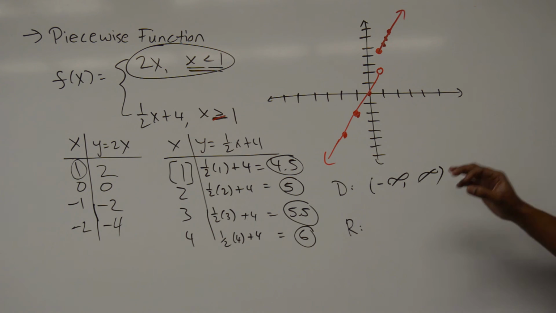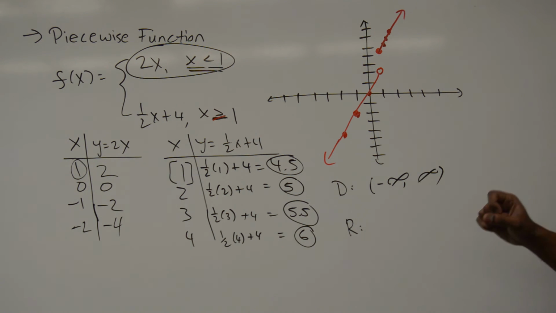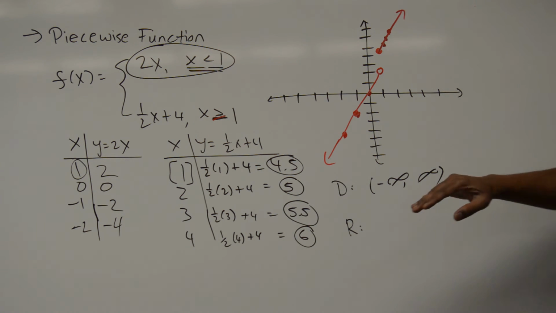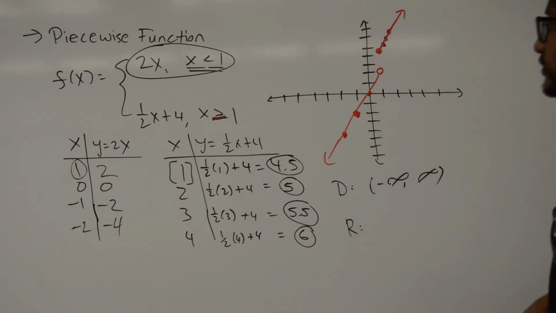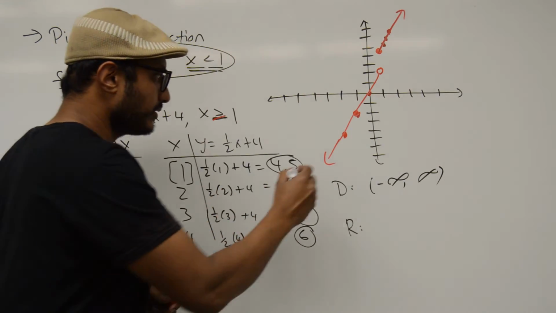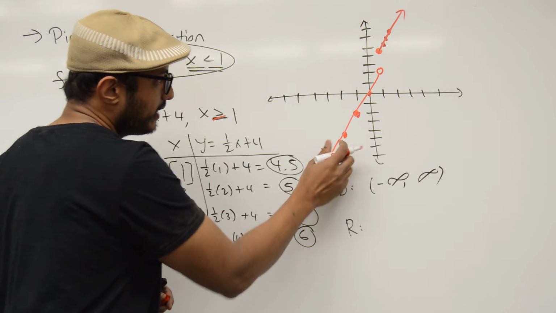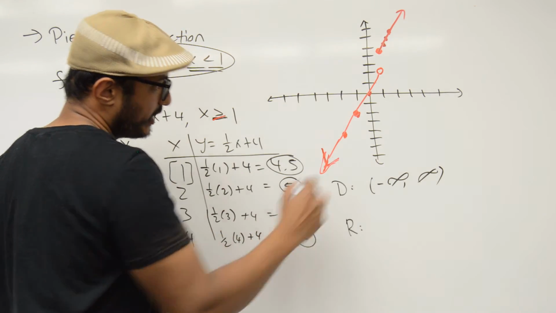Now the range, that's your y values. So remember, for domain and range, you're looking for the lowest y value and the highest y value. So this little arrow tells you that this line is going to keep going this way forever in the negative direction.